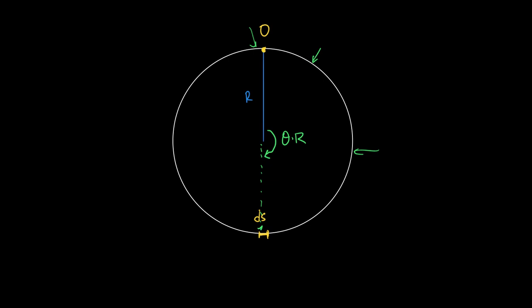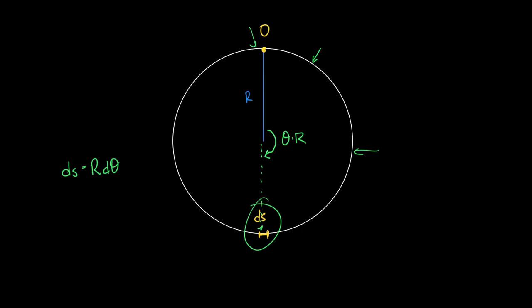In fact, what I'm going to do is say my ds is going to be r times d theta. I'm going to convert ds into an arc length in terms of theta. That way I can point to each one by integrating around a circle. So what I have to do is make sure that when I'm all the way done, when I've set up my geometry, I'm only left with things that are in terms of theta.